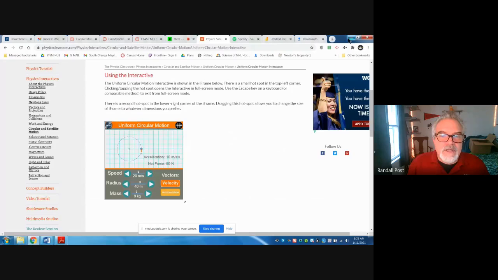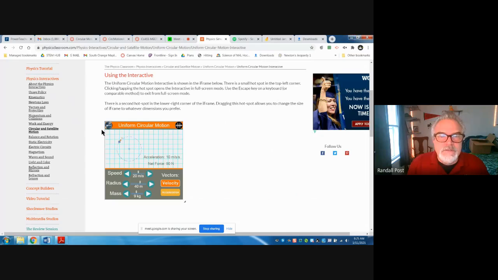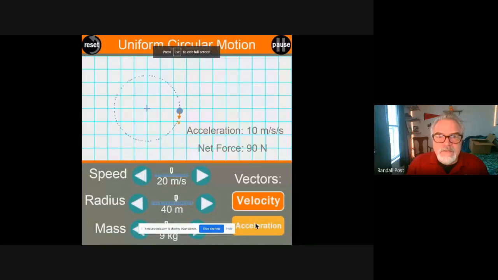Use the simulation to help you out to draw the direction at those positions, and also draw the acceleration. Draw the acceleration vector at these same positions. Okay, go ahead and use this button to turn on acceleration.